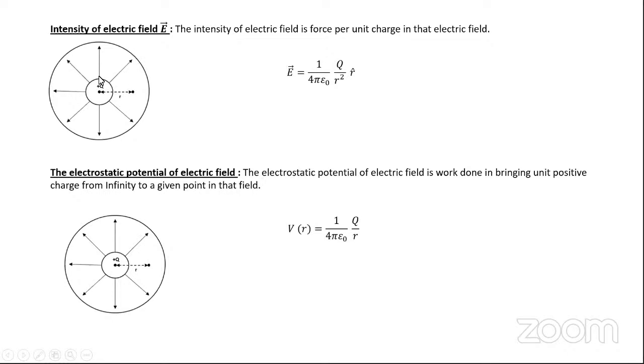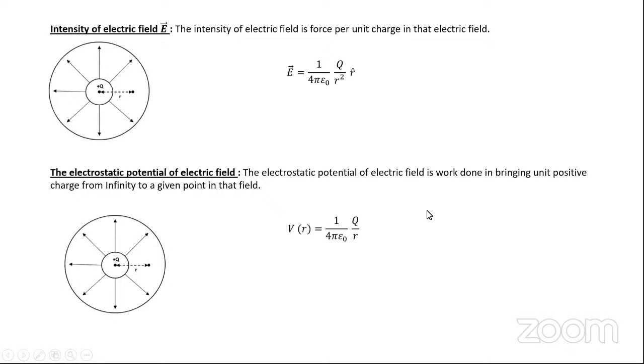These are the lines of force, you can say. This is the electric flux produced by plus charge capital Q, right? So this is the formula for the intensity of electric field at distance small r from positive charge plus Q.